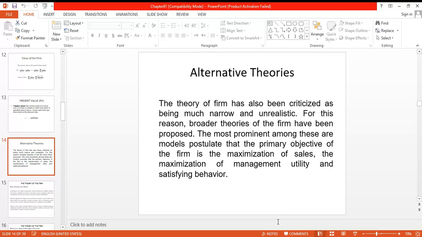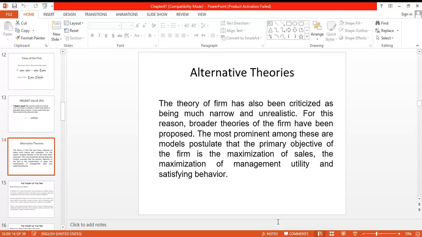But please do keep in mind, what does utility mean in economics? Utility means satisfaction. But notice the word that we are using here. It is not just utility. This is not consumer utility. This is not consumer satisfaction. This is satisfaction which arises for the management. This is the management utility. And why does that happen?